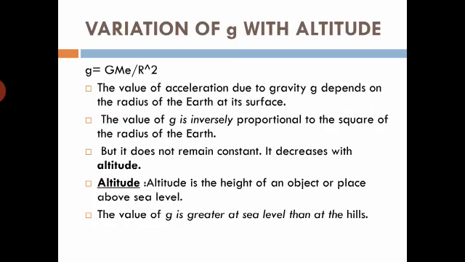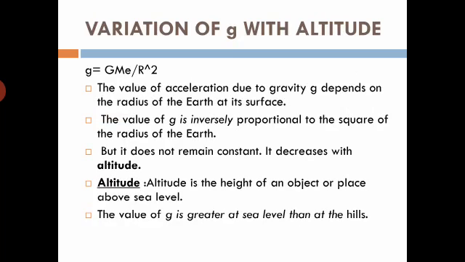If the distance between the center of the mass of the earth and the object is greater, then the value of g decreases. And if the distance between the mass of the earth and the object is small, then the value of g will be greater. So the value of g is inversely proportional to the square of the radius of the earth.